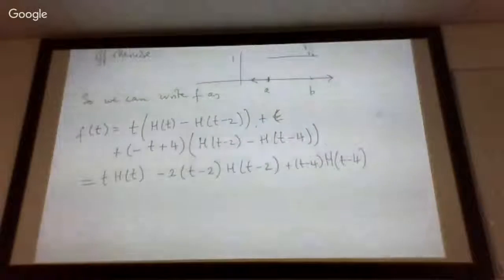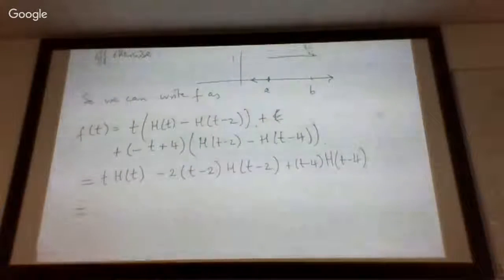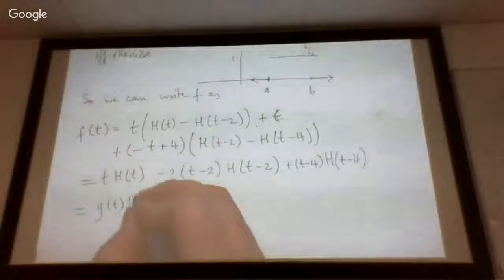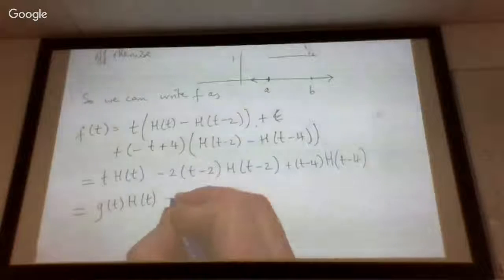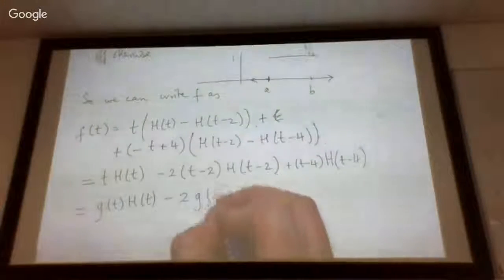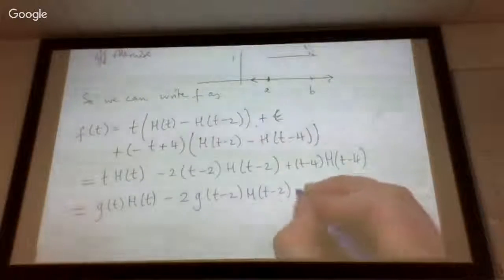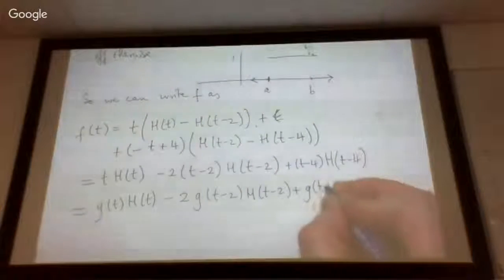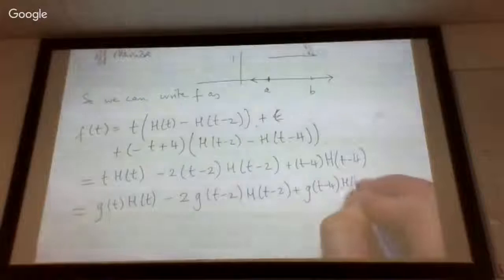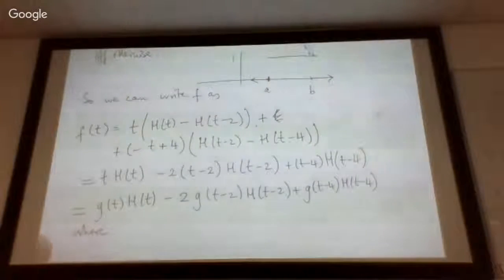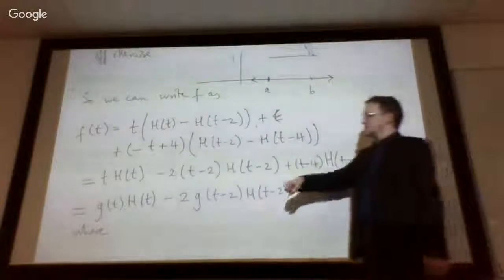So actually, we can write this as the function g of t times h of t, minus 2 times g of t minus 2 times h of t minus 2, plus g of t minus 4 times h of t minus 4. See, it's the same function g that's applying in each case.